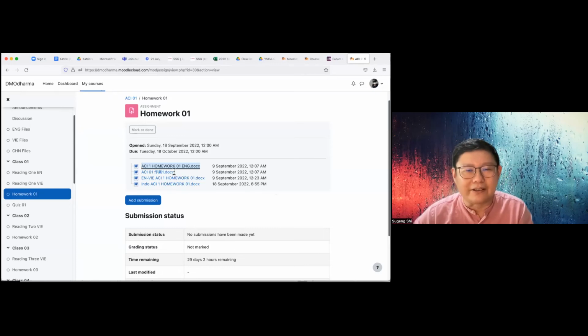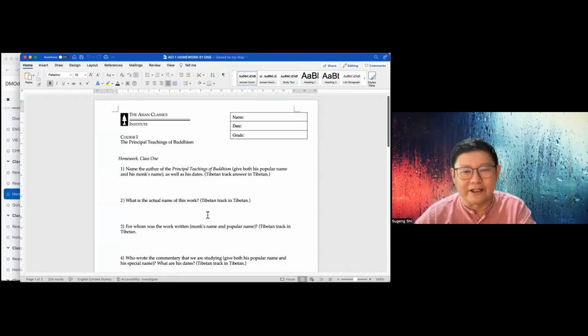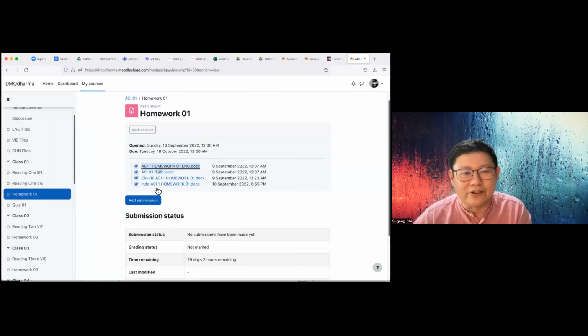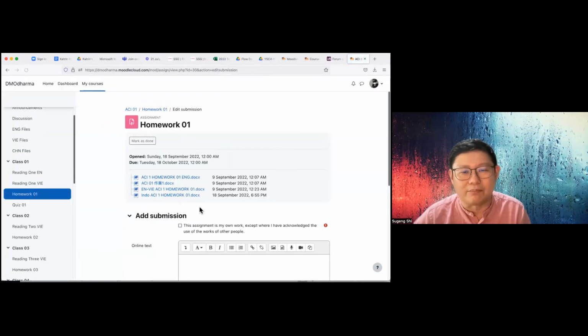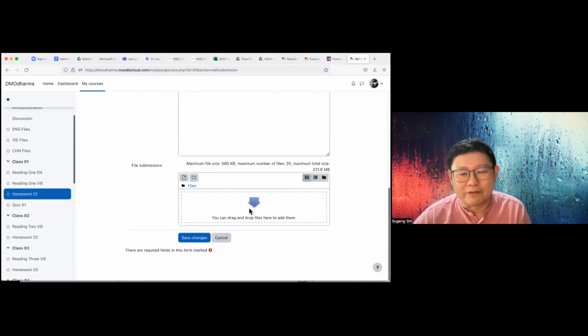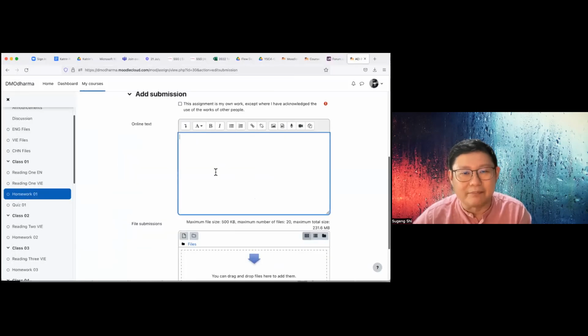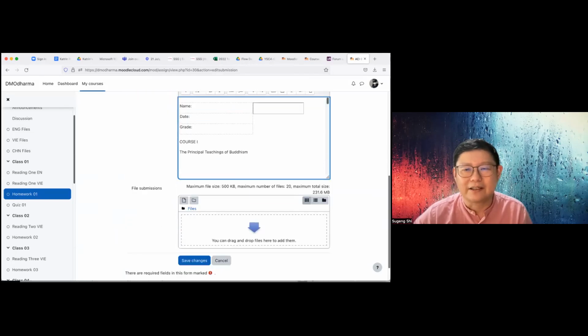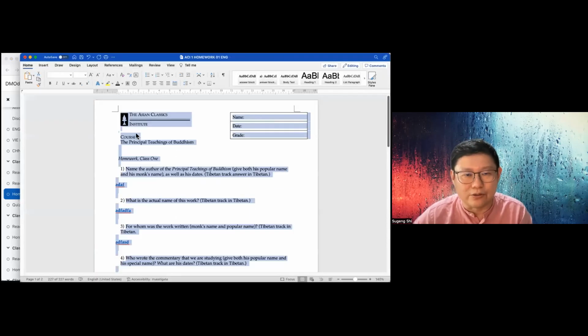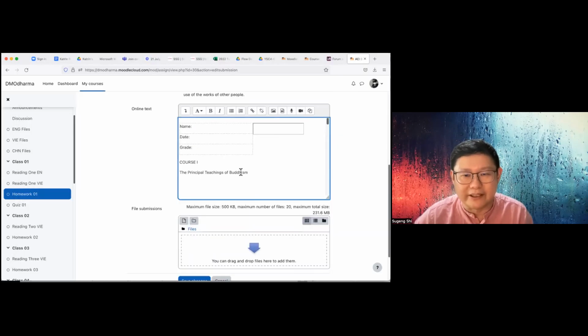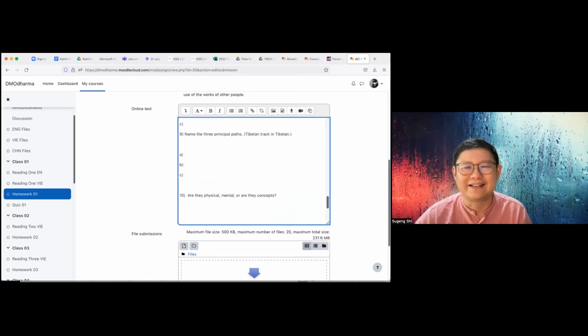When you click on this, your homework is downloaded. You can fill up the homework here. Once you fill it up, you save it and then add submission and upload. You can upload the file here, but the better way is to copy everything from Microsoft Word and paste it here, and then your homework will show up here. This will be your content.